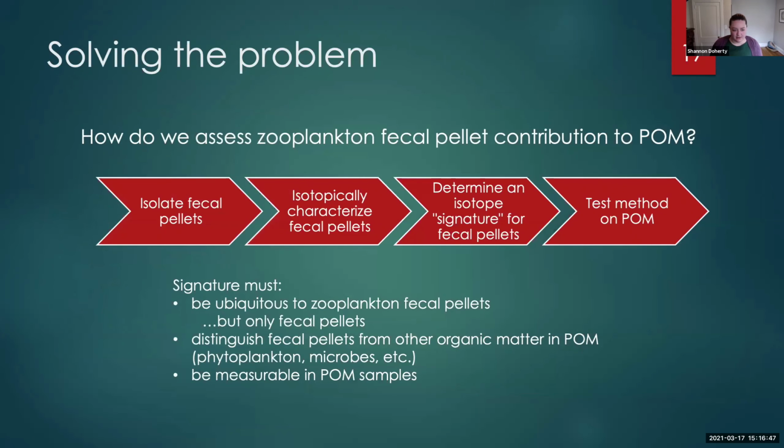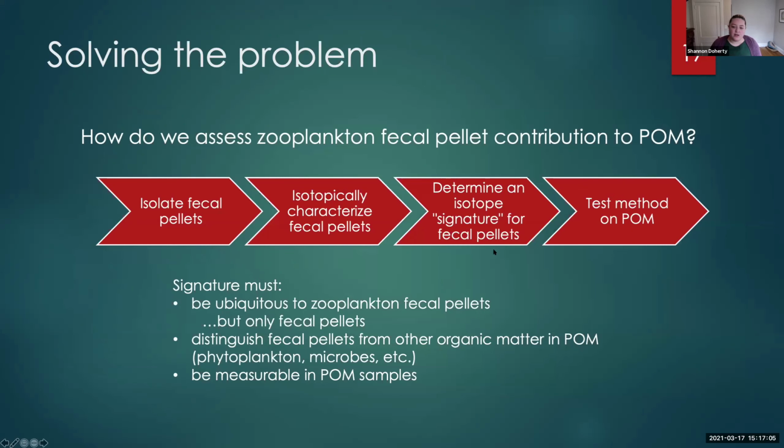So to put this all together, here is how we are going to quantify zooplankton fecal pellet contribution. First, we're going to isolate fecal pellets. That's important. We need our fecal pellets to measure. Then we're going to isotopically characterize the fecal pellets.